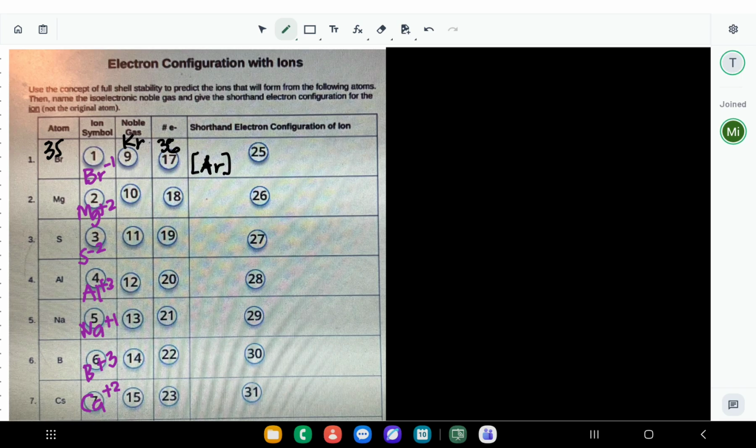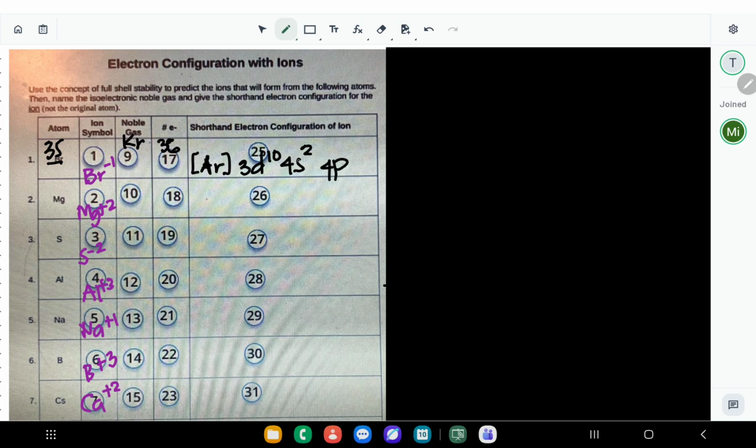So 35 minus 18, or 36 minus 18, it's 18, right? So we will start with 3d10, then 4s, 4p.